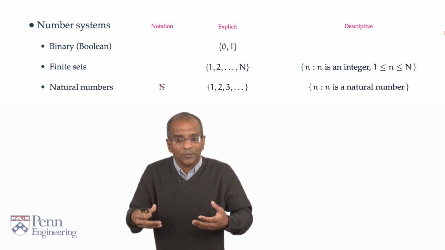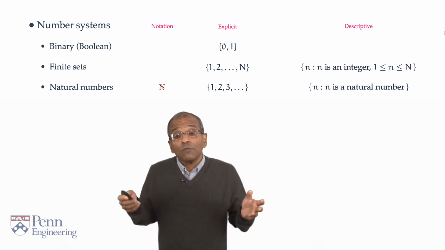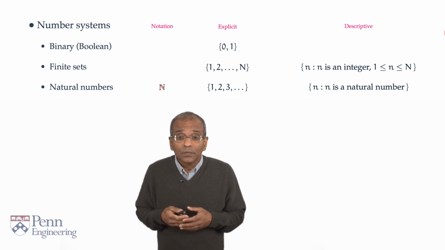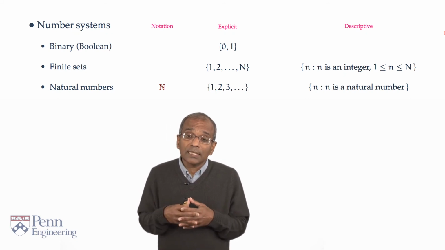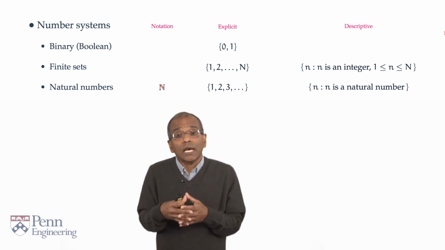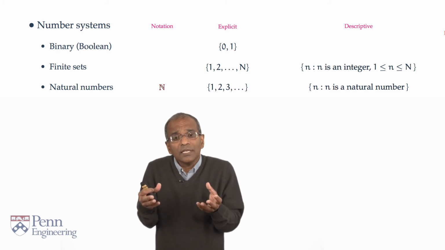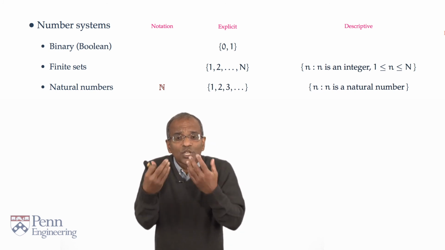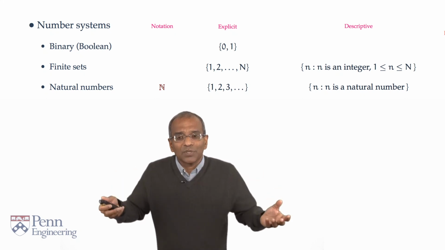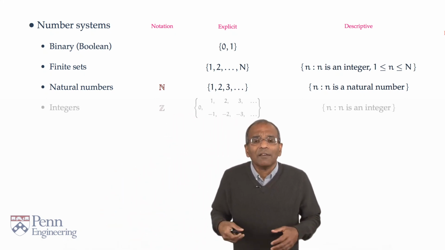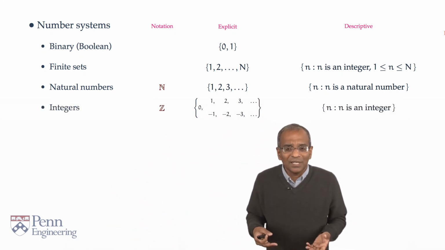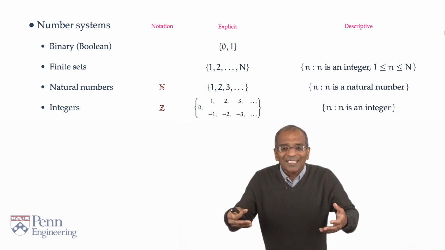Where do we go from the natural numbers? Well, history tells us that a zero was discovered somewhere in the Middle East or perhaps India, and once a zero was discovered, negative numbers were discovered, and these then create the family or the set of integers. These are important.